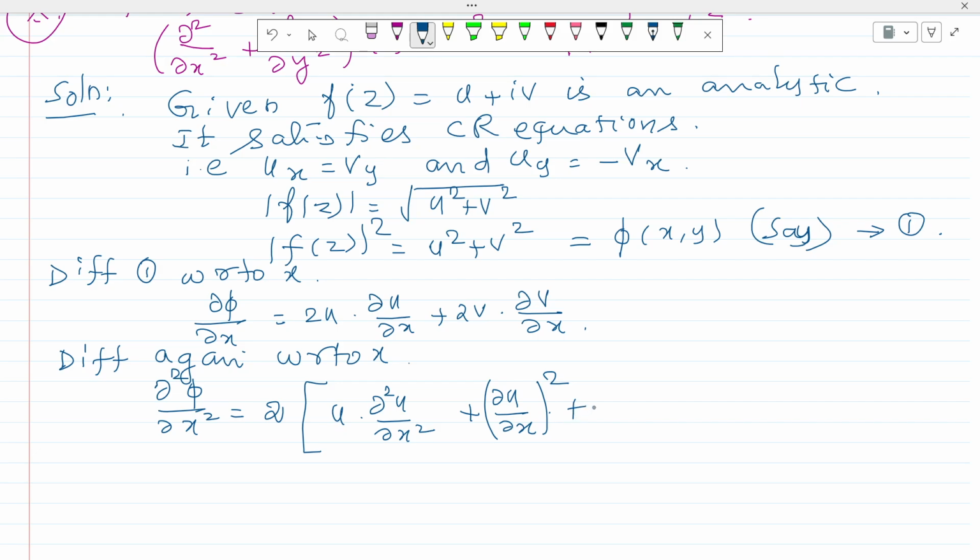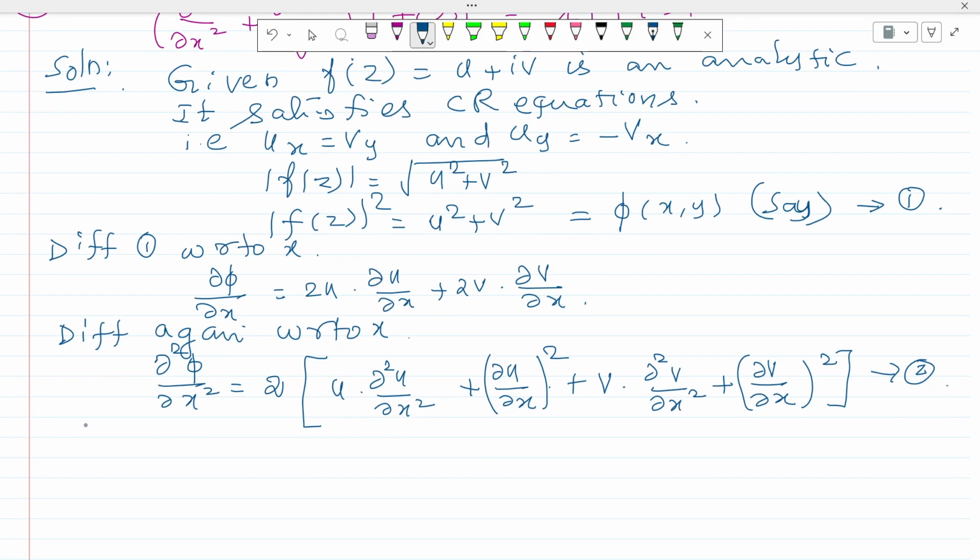Similarly, keep v, then dou square v by dou x square plus dou v by dou x whole square. Is it not? This is equation number 2.